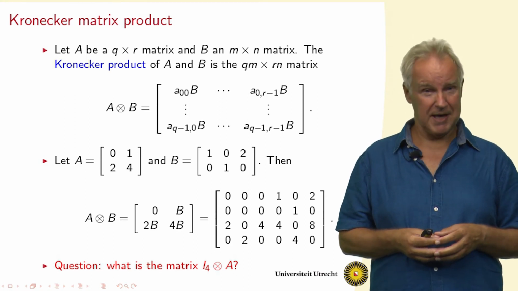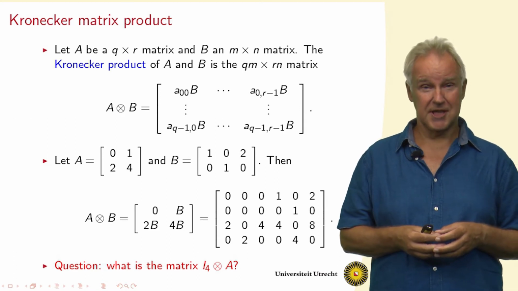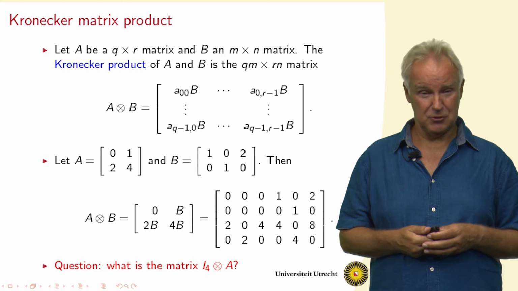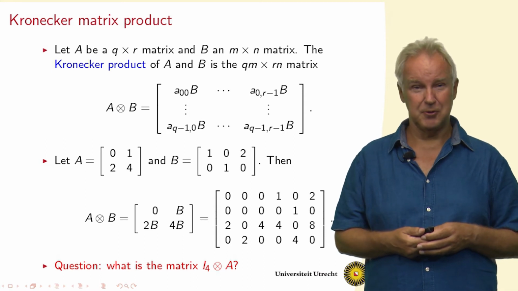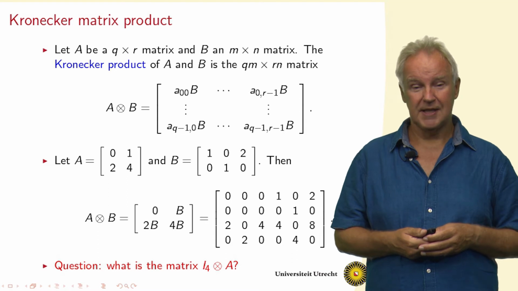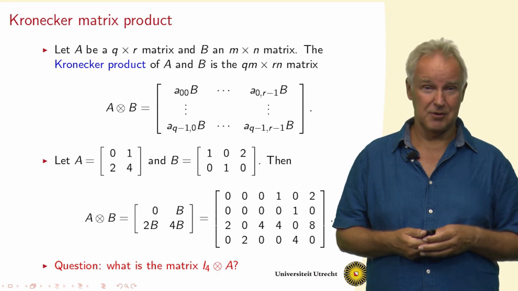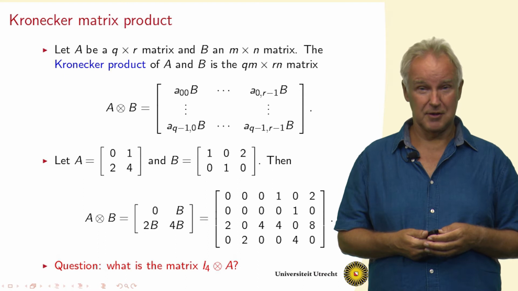And what it does is, if I multiply a matrix A, Kronecker, by B, then you create a much bigger matrix which contains copies of B, but scaled by the elements of A. So, as an example, if we have a matrix A, which is a 2 by 2 matrix, 0, 1, 2, 4, and a matrix B, which is a 2 by 3 matrix, with the first row 1, 0, 2, the second row 0, 1, 0, then A Kronecker B is just a matrix which contains in the left upper corner 0 times B, right upper corner B, and the left bottom corner 2B, and then 4B.